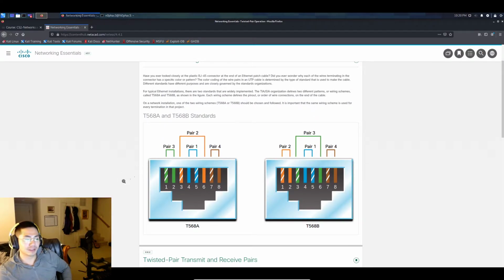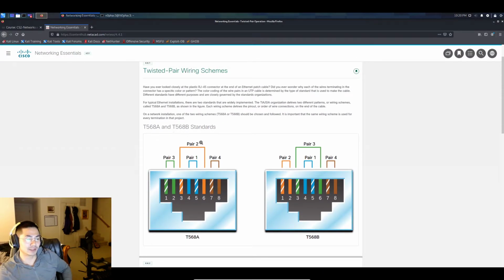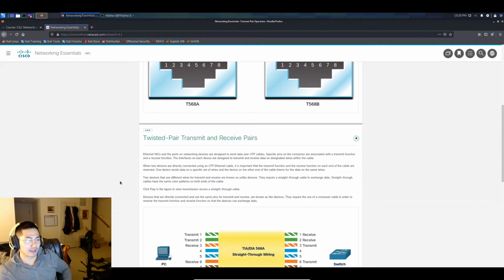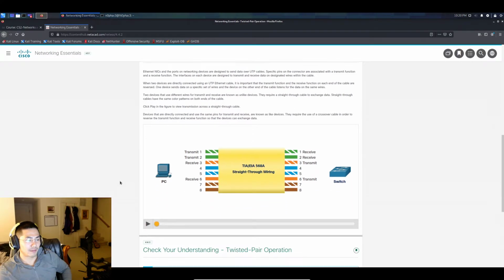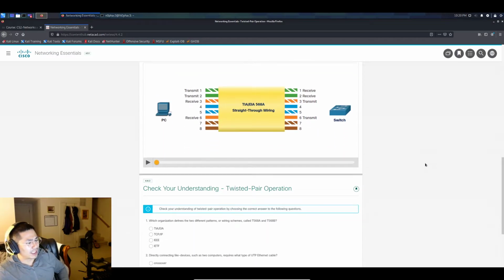In your opinion, I don't know how important it is to understand the wiring schemes. Maybe you can give us some insight on that. And then twisted pair transmit and receive pairs.